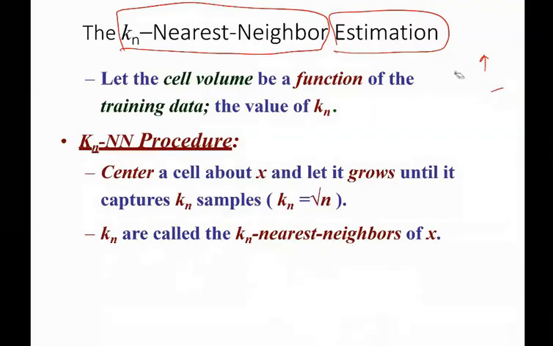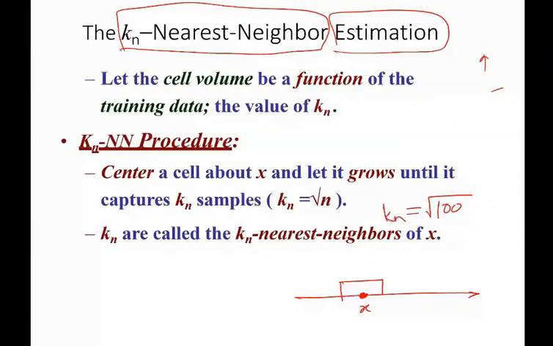So KNN procedure is like this. We will center a cell about X. So this is suppose the scale, and we want to estimate probability around this sample. So we will place a cell around it, and if there are say 100 training samples with us, then square root of that is my Kn, so that is 10. So now I am in search of 10 samples in this window.